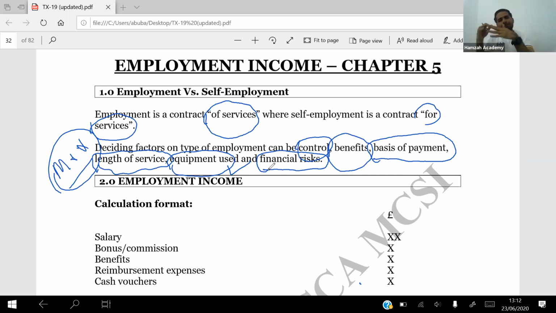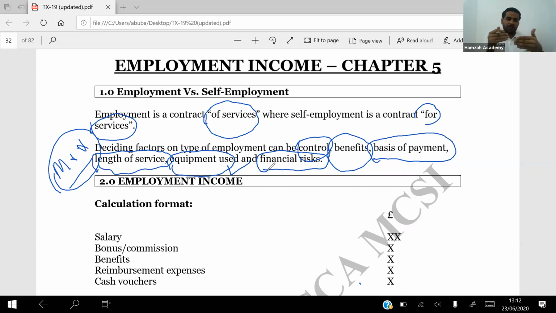So if there is any profit, that profit also belongs to Mr. X. If there is any loss, that loss is also going to be in his profit and loss. So the differentiation is very important.